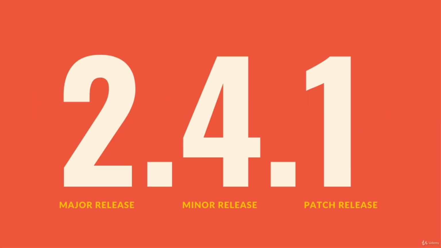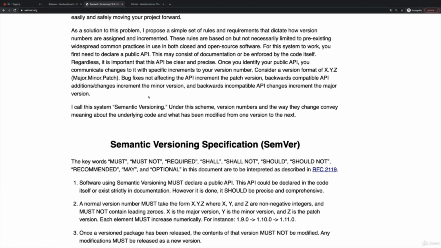It's pretty simple, right? The system here is just 3 numbers, but it makes it clear to any user or consumer of some piece of software how significant a change is in a new version, which is always very important, especially if you're relying on a piece of software, a library, as a dependency for your own software that you're building. So we can take a look at some examples.